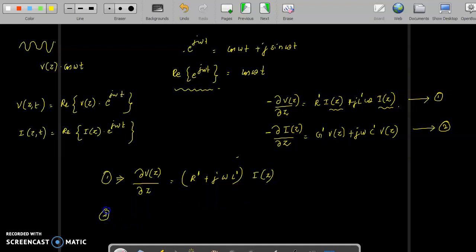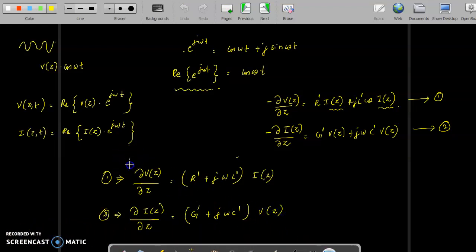Similarly, equation number 2 becomes g dash plus j omega c dash times the common component V of z.